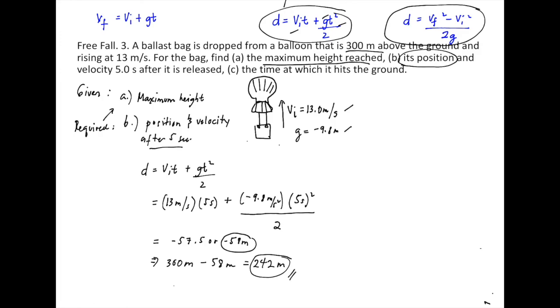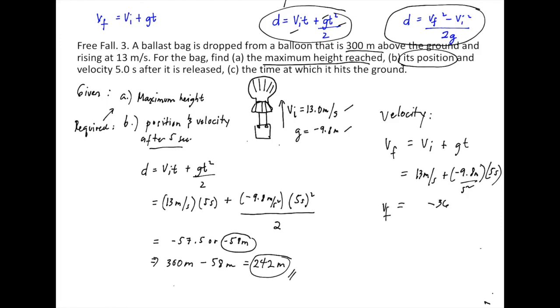Now, for letter B, we are also asked for velocity after release. So, the best equation would be equation number 1, which is Vf equals Vi plus gt. And then calculating for that, that would result to 13 meter per second plus negative 9.8 meter per second square times 5 seconds, and that would result to the final velocity, which is negative 36 meter per second.